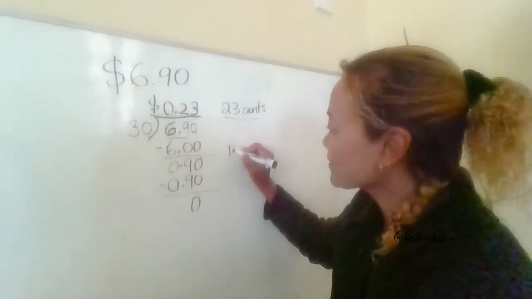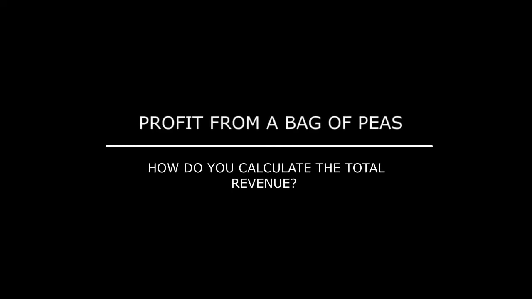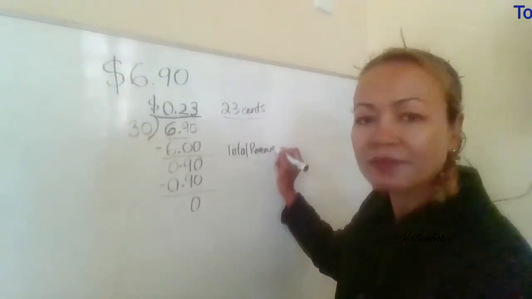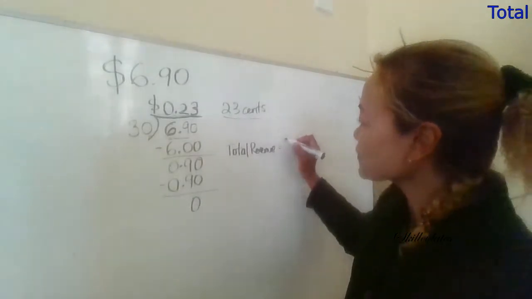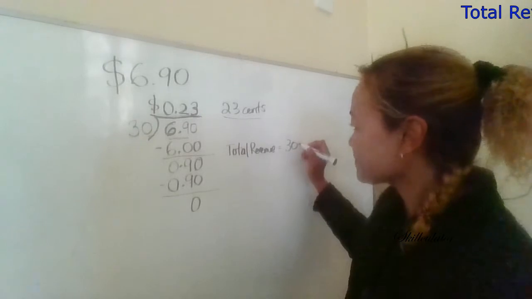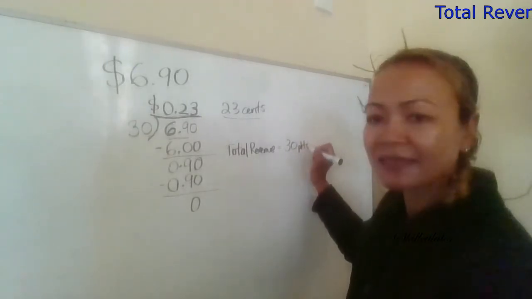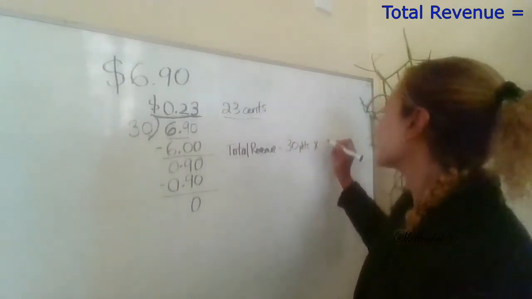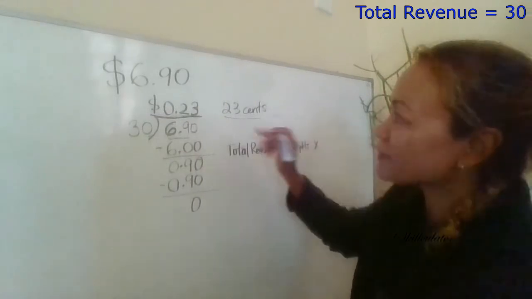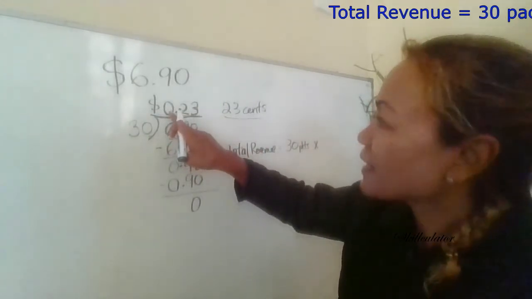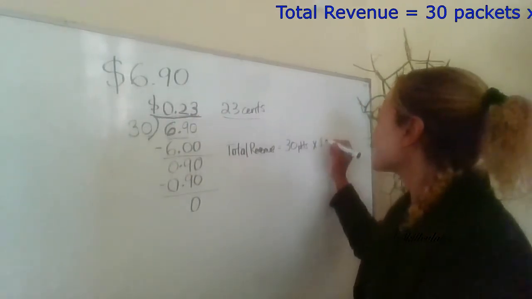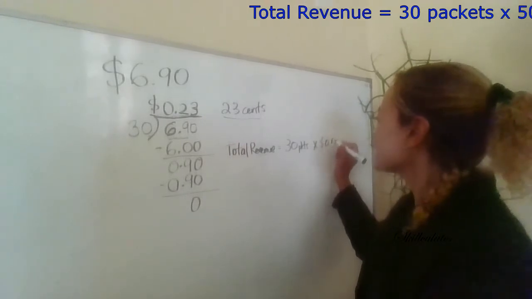So total revenue is equal to 30 packets multiplied by 50 cents. Alright, and I'll put 50 cents in this form, which is $0.50.